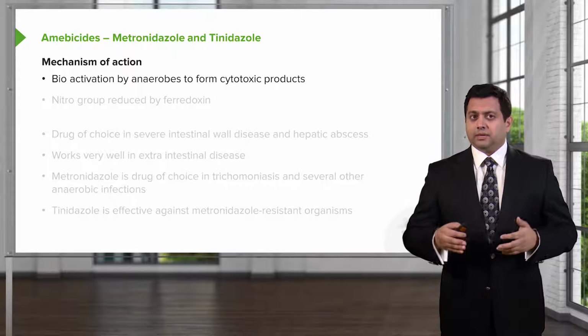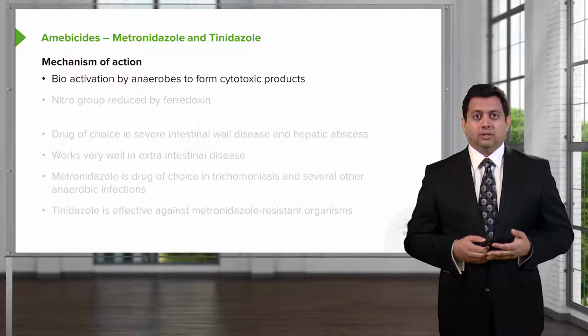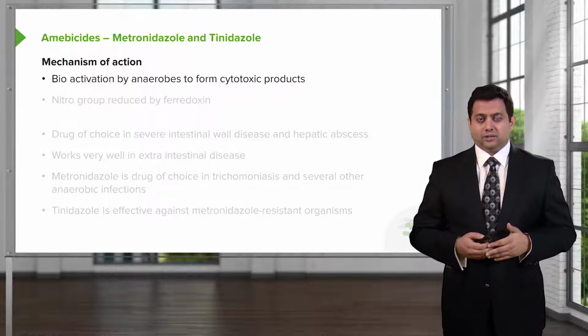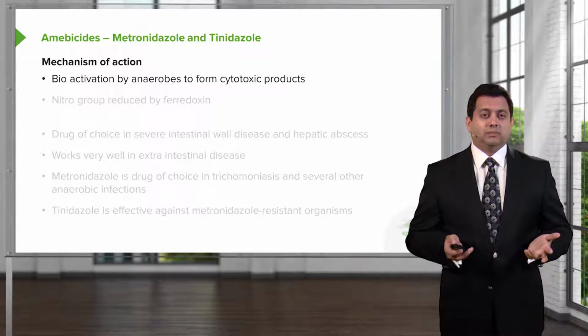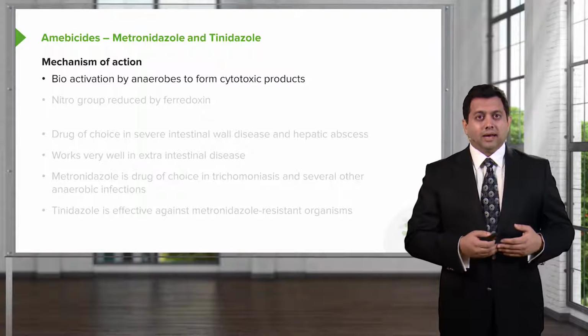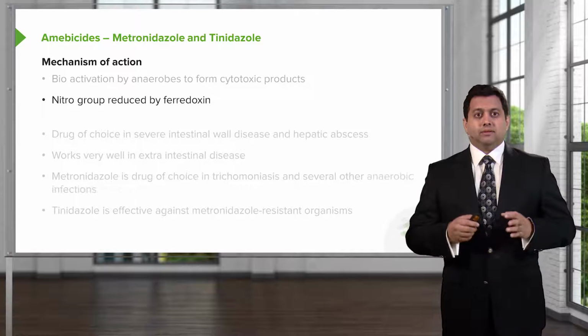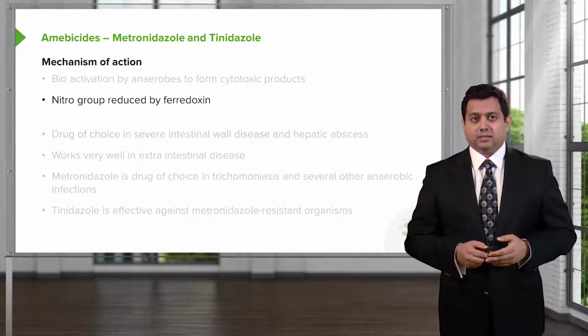The other agents that we use to act as amoebicides are metronidazole and tinidazole. We have seen this before in our other lectures on antibacterials. The mechanism of action, we believe, is through bioactivation by anaerobes to form cytotoxic products. Now, there's a nitro group that's reduced by furoxidin that can also be quite toxic too.